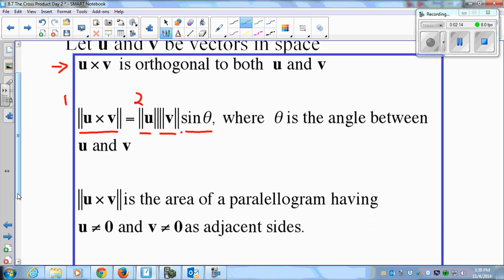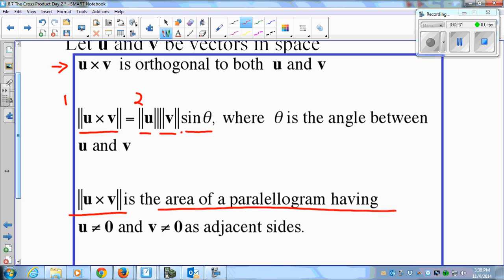The nice thing is that the magnitude of the cross product U cross V is the area of the parallelogram, making sure that U and V are not 0, as our sides.